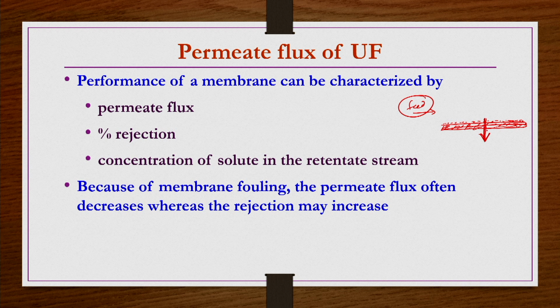Membrane resistance is already there, and because of that there is some permeate flux, but in addition to this membrane resistance, the gel layer, whatever the particles are forming on the surface during the process of membrane separation, will also be offering additional resistance. Because of that, permeate flux would be reduced, but however more resistance is there and more particles would be retained towards the retentate side. So, then the rejection may also increase.